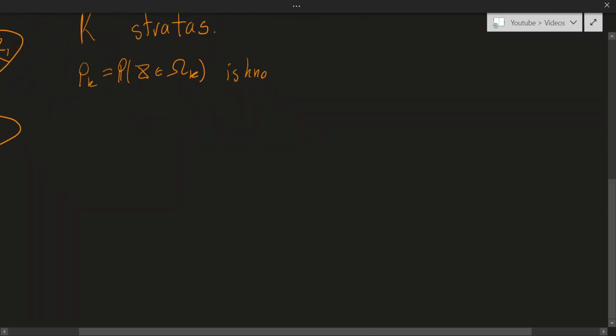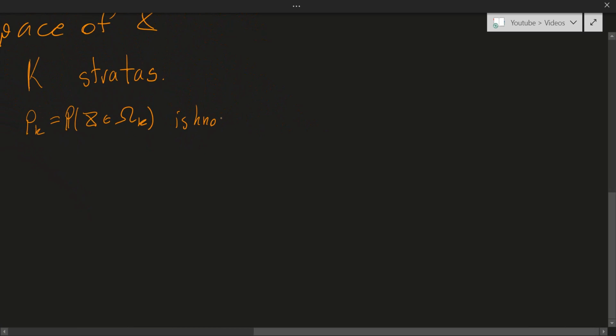Now we define x_k, which we set equal to x given x is inside omega_k, or at least we say they have the same distribution.